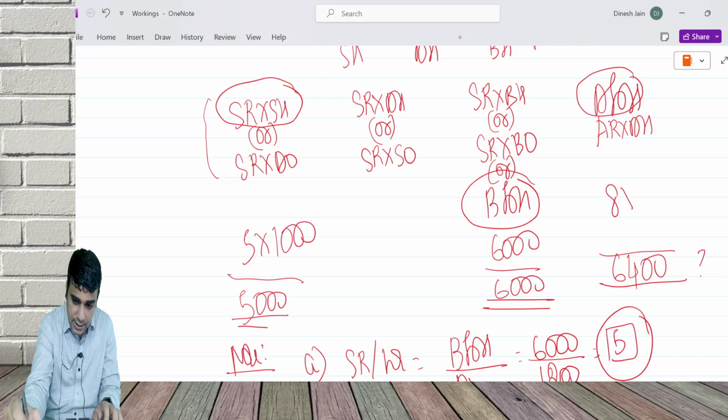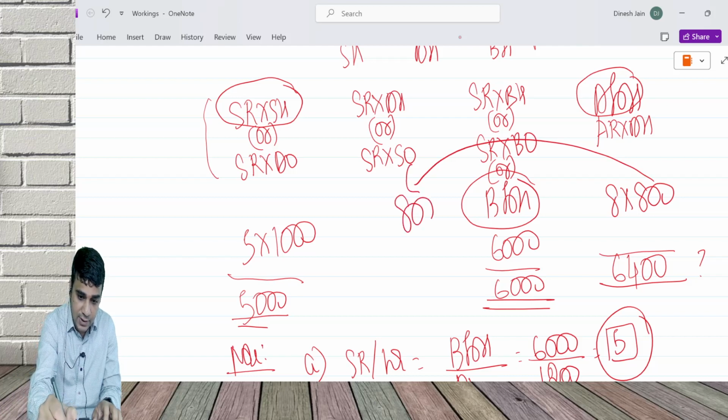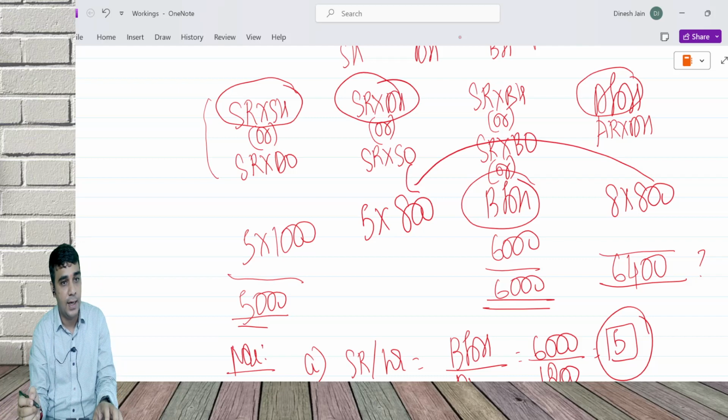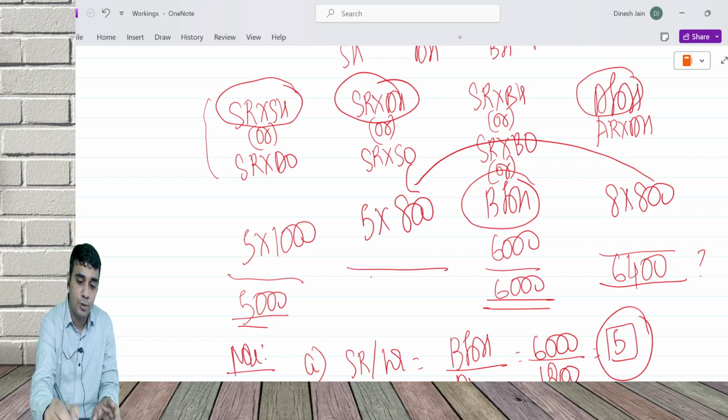So 8 into 800. 800 comes here. 5 into 800, SR into AH. 8 into 800. I take that 800 to the second column. 5 into 800, I get 4000.